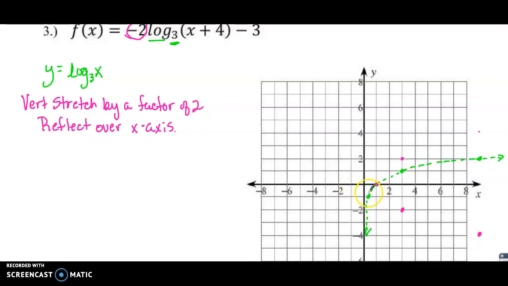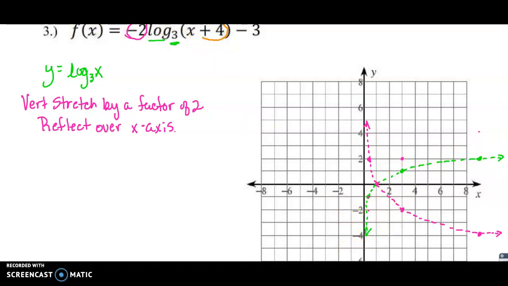This one here that is 1 unit away, but it's negative, when I multiply it by 2, it makes it a -2, but then when I reflect it over the x-axis, it comes up here to be 2. And so there is my new graph. And hopefully you can see how it is reflected over the x-axis. Exactly like we did with our exponentials, it's just you have a different starting point, okay?